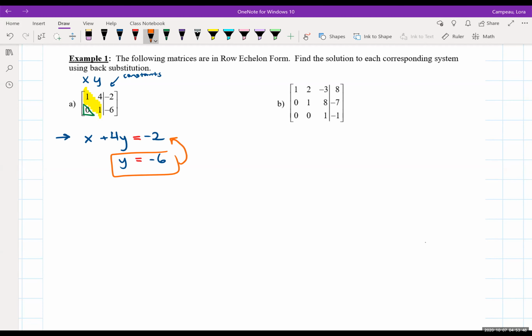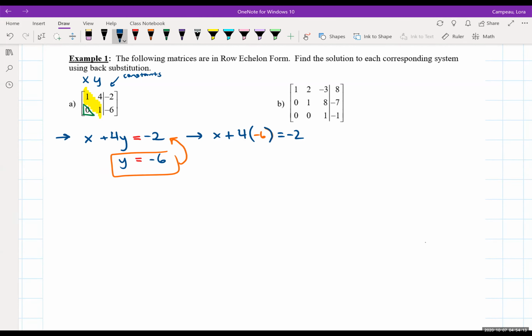So I'm going to leave myself a little bit more room. Let's see. I can take the x, I'll keep that here, plus 4 times -6 equals -2. And now we have an equation in one variable.